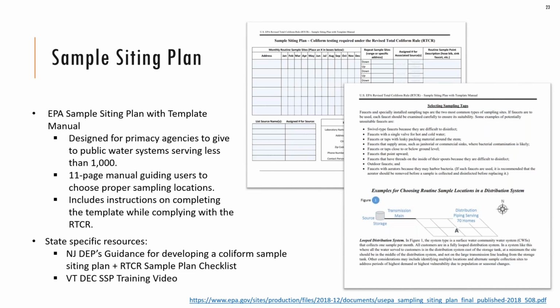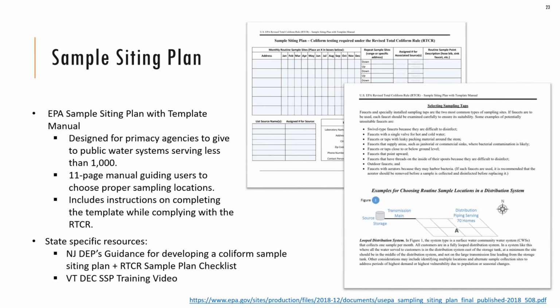For state-specific resources, some states that come to my mind are New Jersey DEP. They have a guidance manual for developing a coliform sample siting plan, and they also have a sample plan checklist, which helps water systems make sure their sample siting plan has all the information they need to be approved.